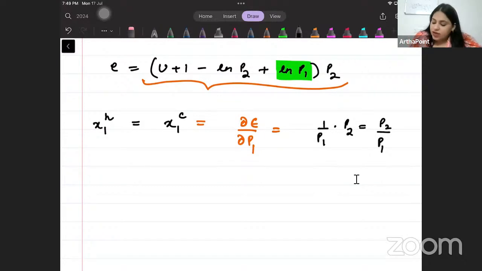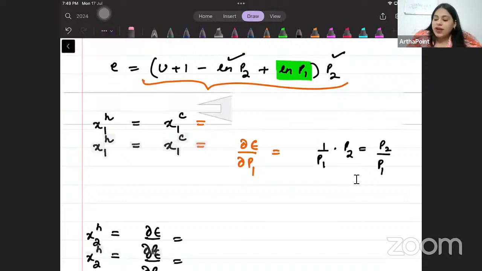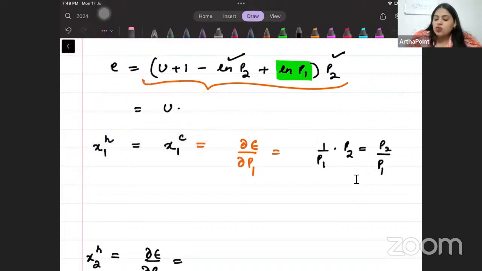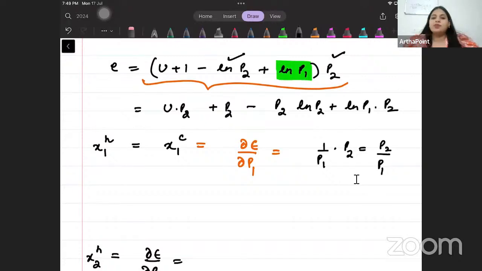Similarly, find out the Hicksian demand for good 2. That means I have to differentiate the expenditure function with respect to P2 beta. So P2 to yahan pe bhi and yahan pe bhi, which means I need to apply the product rule, or I can just write it like this: U P2 plus P2 minus P2 ln P2 plus ln P1 into P2.